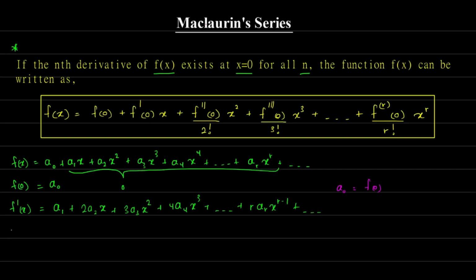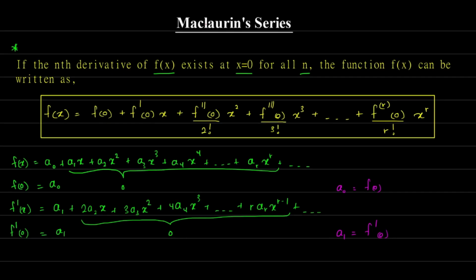And when you take f'(0), setting all x terms to 0, this entire section becomes equal to 0, leaving us with just a1, which means that a1 is equal to f'(0).